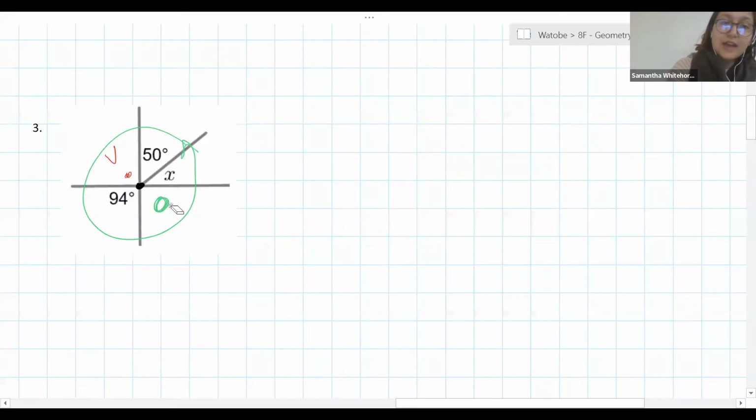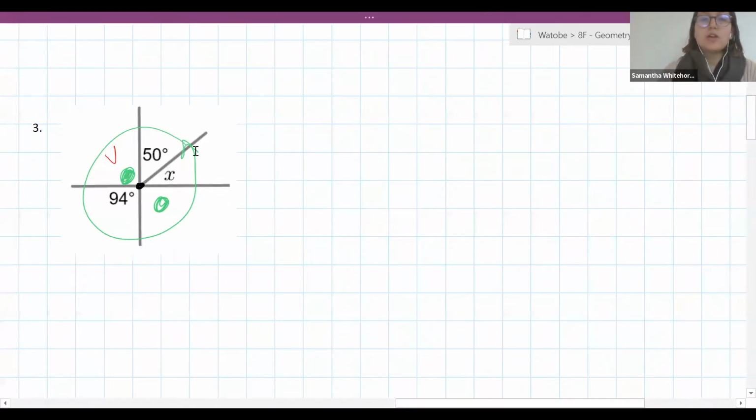I need to know that angle and I need to know that angle if I'm going to do angles around a point. Then, ma'am, I said x is equal to 360 degrees minus 144, because 49 plus 50 gives me 144.